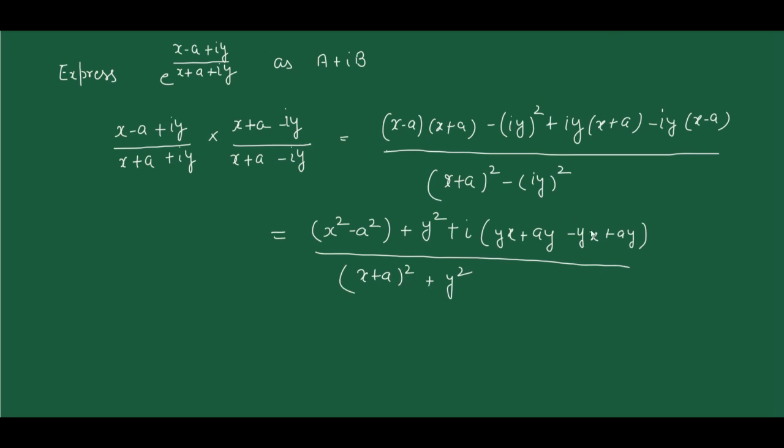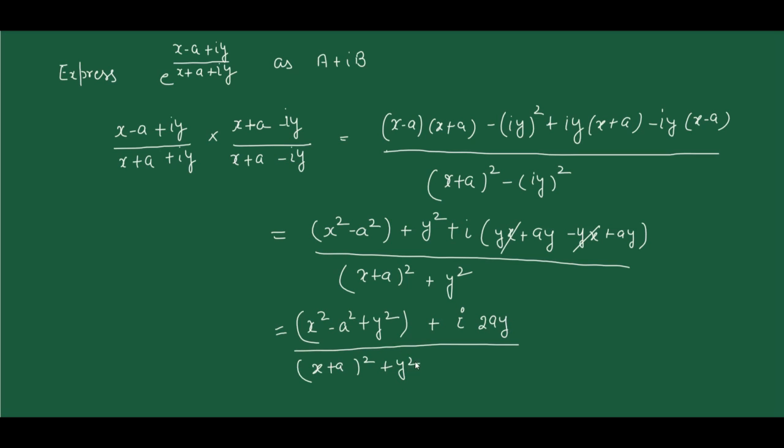So you can cancel yx with yx. Okay, so what you are left with is x square minus a square plus y square, which is the real part in the numerator, plus iota 2ay, and divided by x plus a whole square plus y square.